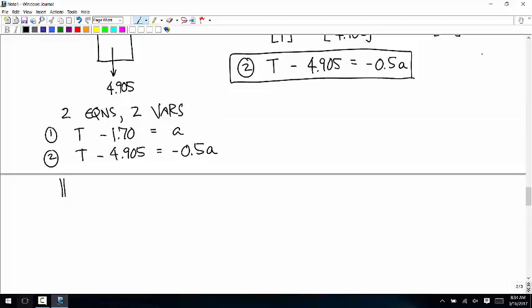If you subtract those two, you get 0 plus 3.205 is equal to 1.5A. And so A is equal to, what's 3.205 divided by 1.5? 2.136.